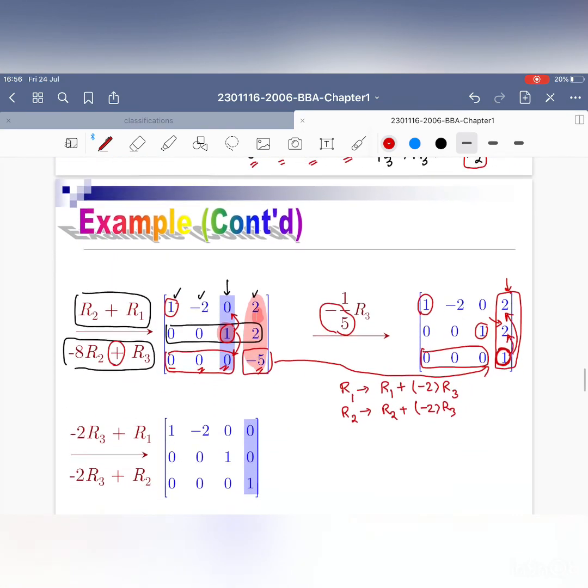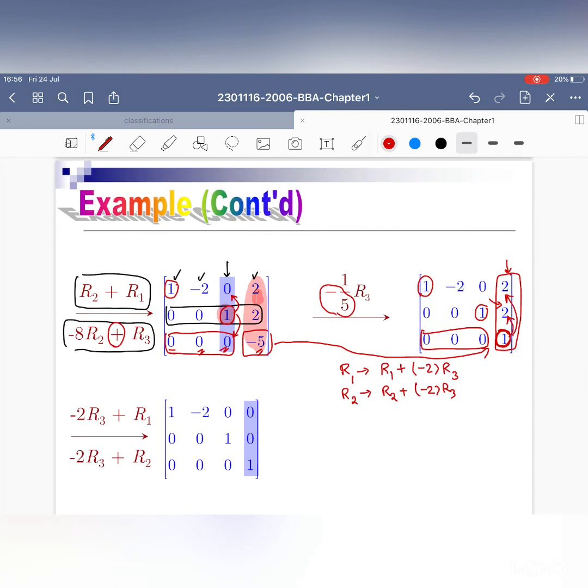And for this one, because you are talking about your third leading, the row that you are going to make use of depends on your third row, your R3. So you are going to multiply your R3, the third row, by -2, and then add it with your first row and your second row.